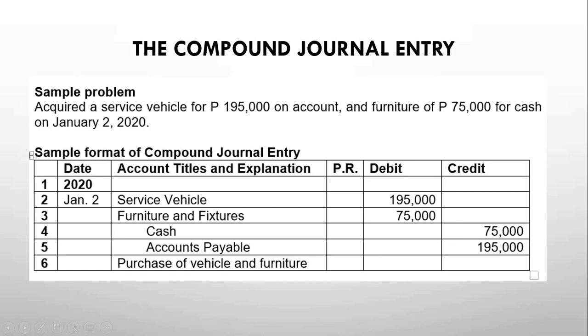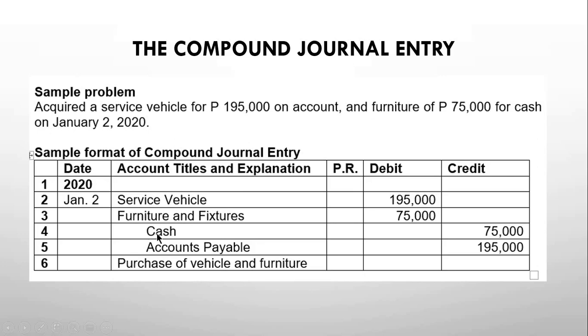Okay? Now, for the first transaction, acquisition of service vehicle, alam natin that this is a source of asset because an asset account increases while a liability account increases. While for the second transaction, the purchase of furniture, that's an exchange of asset because when an asset account increases, another asset account decreases.